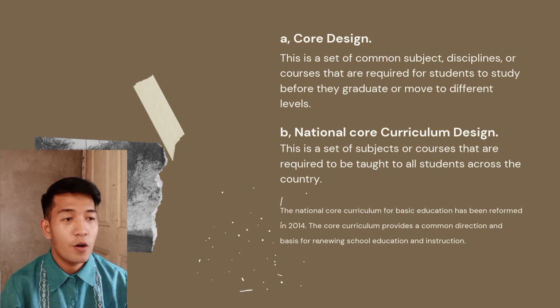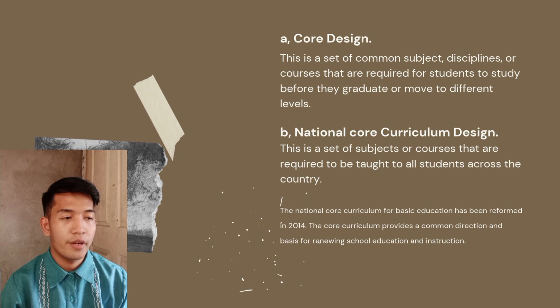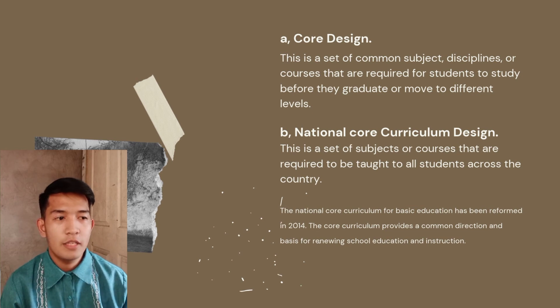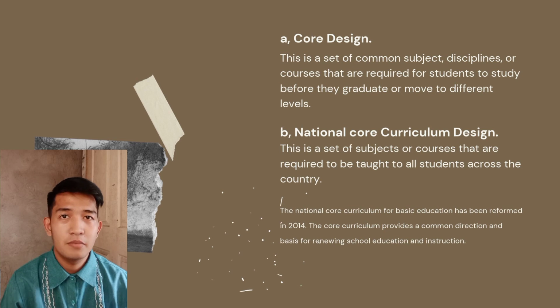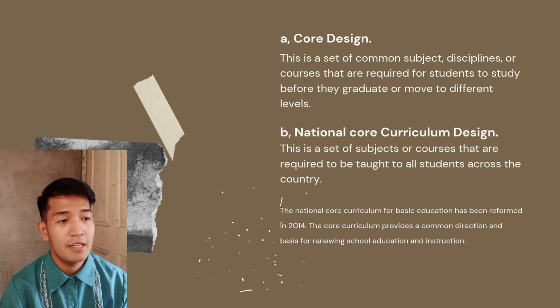Letter A, core design. This is a set of common subjects, disciplines, or courses that are required for students to study before they graduate or move to different levels. For example, in our high school days, 'di ba? What are the subjects that were taught to us in high school? For example, math, science, English, history, and many more, right?